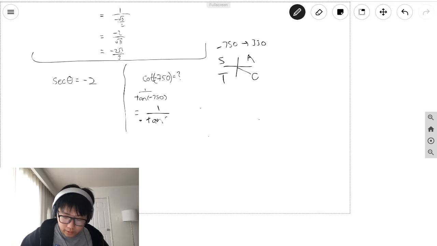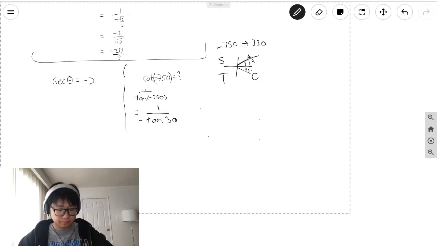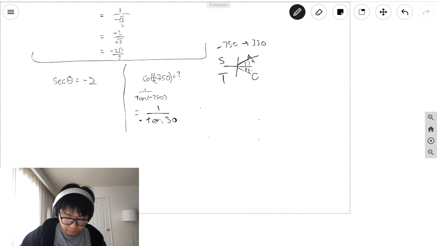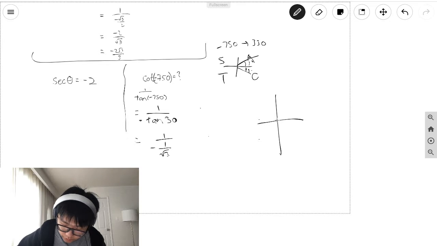So what you want to write is the beta. Because magnitude-wise it equals this one, but it's the negative version of that one. Then once you figure out what the 1030 would be, 1030 is 1 over root 3.